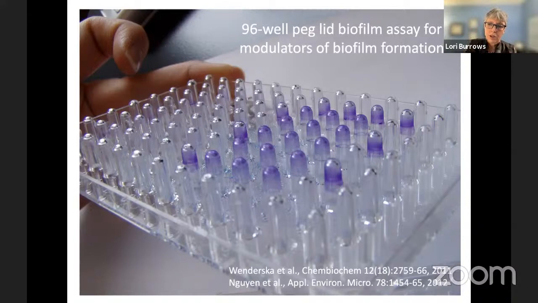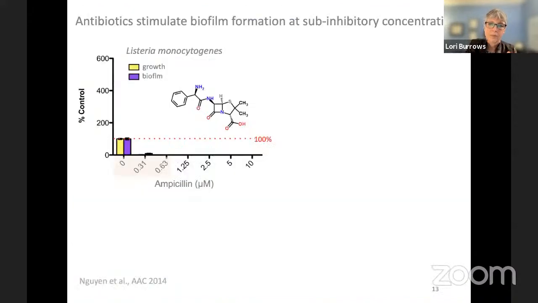I'm going to show you some data now that got us started on this path of thinking about biofilm stimulators rather than biofilm inhibitors. We started screening using this assay, and at McMaster we have a high throughput drug screening facility, which is full of robots, very similar to what you would see in a pharmaceutical company.